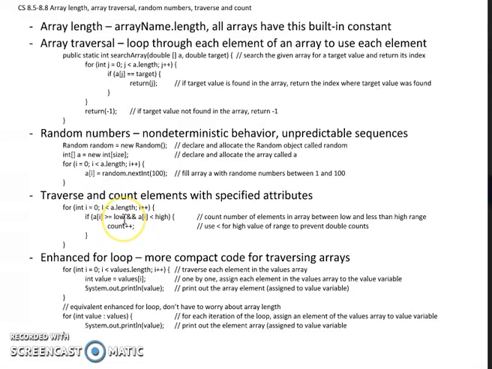Suppose I want to traverse the array and count elements that have certain attributes. Suppose I want to find out how many grades in my list of grades from my class are between, say, a 90 and a 100. I want to find out how many A's there are. I could traverse it this way, same thing. Start with the first entry in the array of grades.